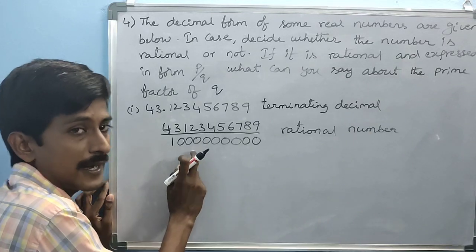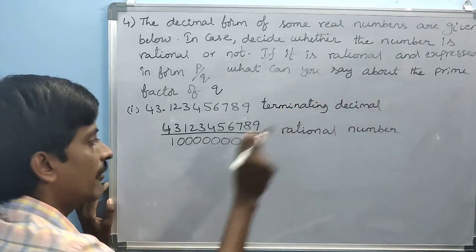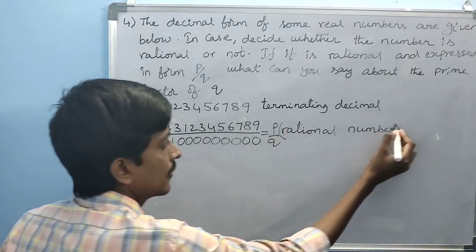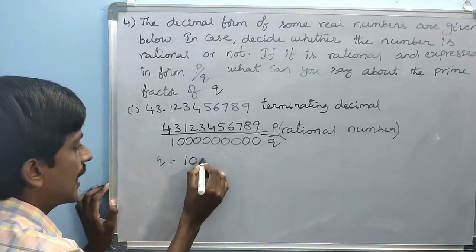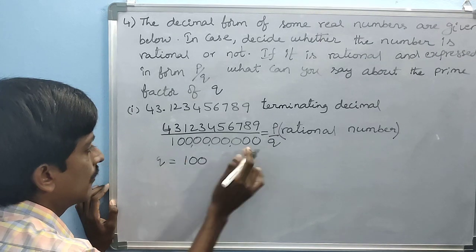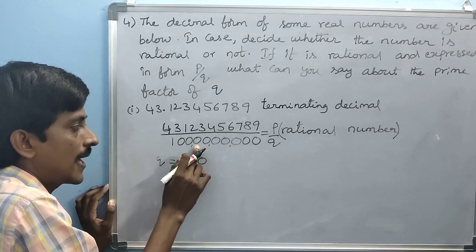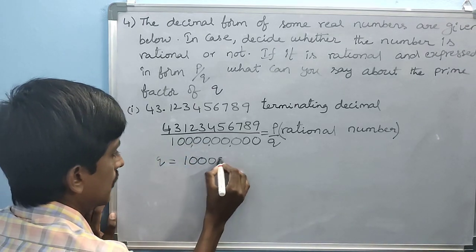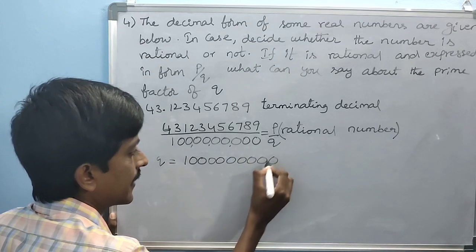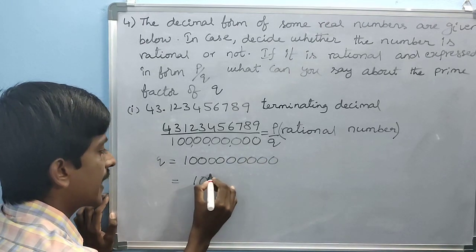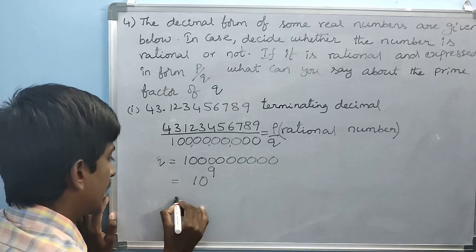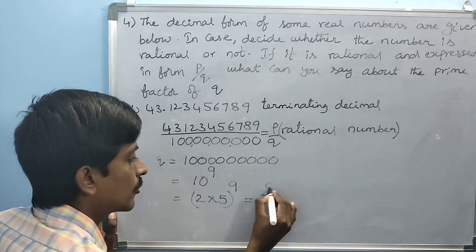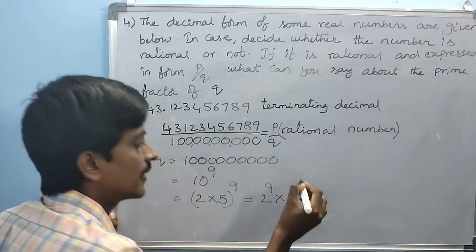How can we write this? It is in the form of P by Q, where Q equals 1 lakh, 10 lakh, crores, 10 crores, 100 crores, so 10 power 9. 10 power 9 can be written as 2 into 5 whole power 9, so 2 power 9 into 5 power 9.